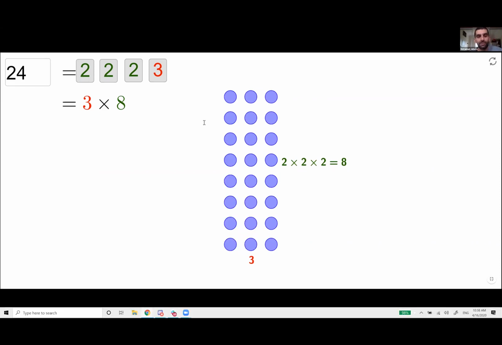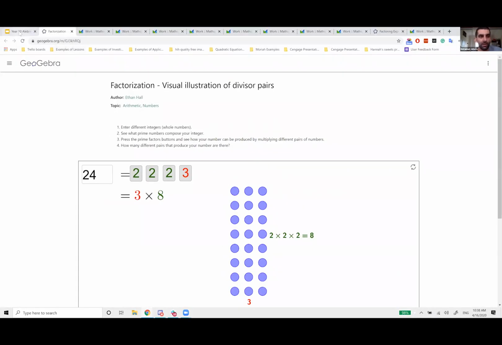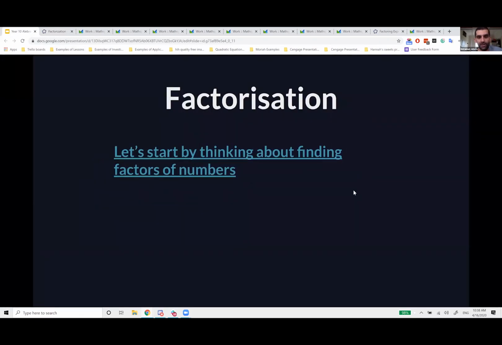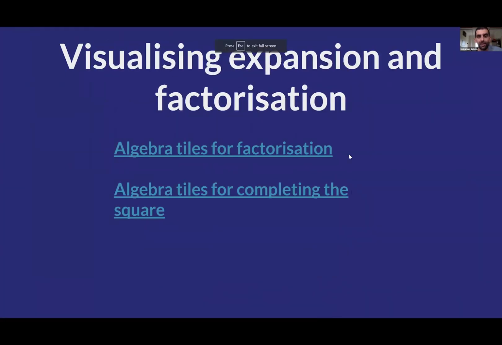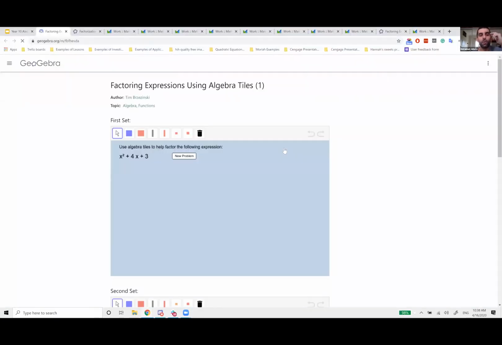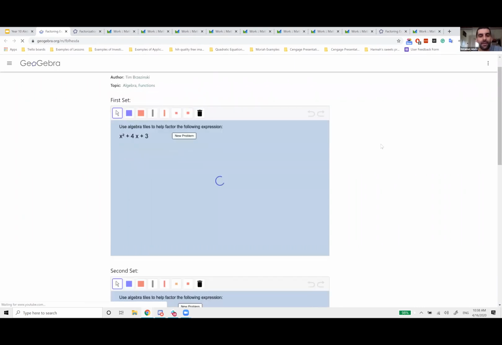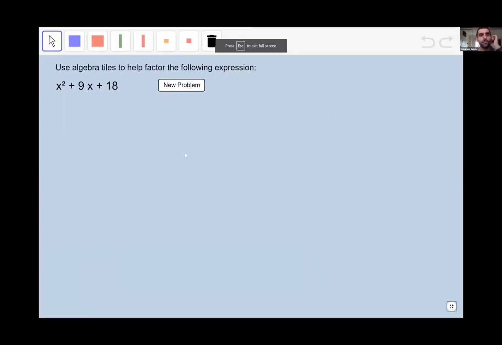So I want to try and give you this analogy now with algebra. I'm going to show you some things, what we call algebra tiles. And I want us to have this same kind of visualization for what we're doing when we're factorizing. Okay, so let me make this full screen as well.